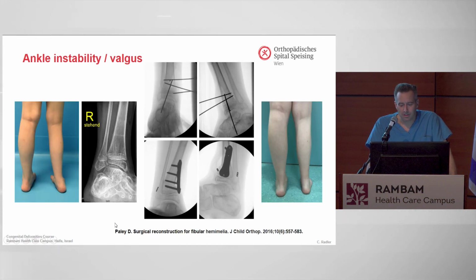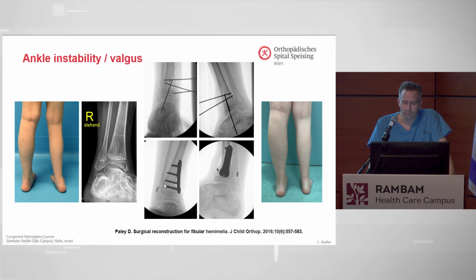Now another thing you can do, and this is also very nicely described by Drew Paley, or was introduced by Drew Paley, and is described in the Journal of Children's Orthopaedics, is a relative shortening of the tibia compared to the fibula to give it more stability and do a realignment at the same time.